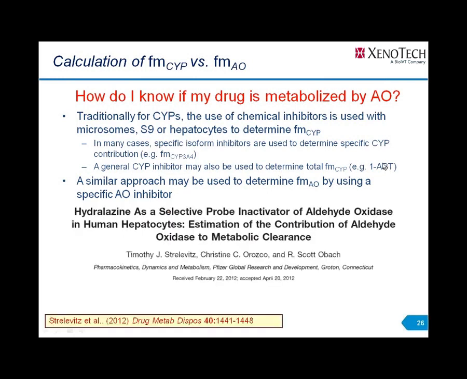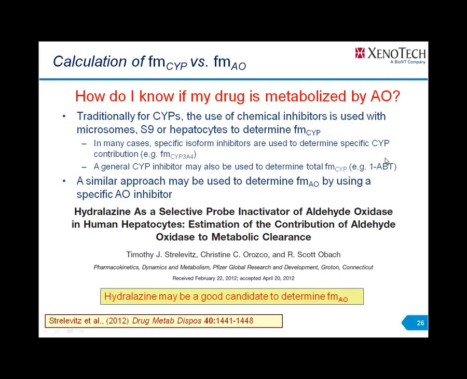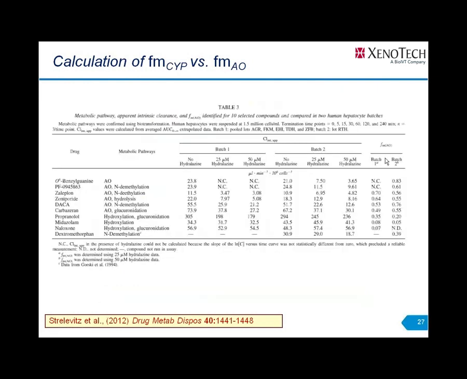And recently, last year, another Pfizer paper from Scott Obach's group was published on using hydralazine as a specific selective probe inactivator for AO in human hepatocytes. So we went ahead and took a look at whether hydralazine would be a good candidate to determine FMAO like they did in the Pfizer paper.